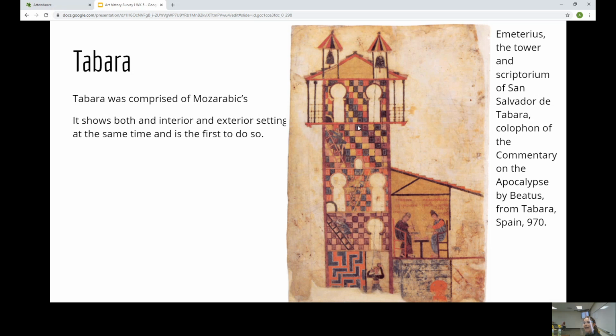This one is not quite as decorative in showing the differences between the rooms, like yesterday's, which had different patterns for every room. They changed some of it up a little bit, but it's not quite as detailed. Also, the figures are not as fleshed out as the figures from yesterday. But this is an example of Mozarabic art from that region.